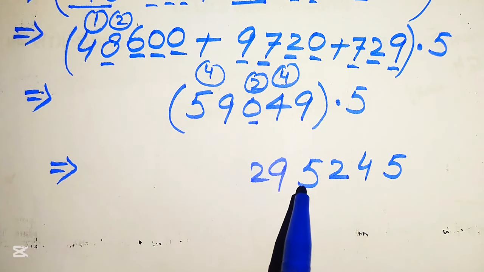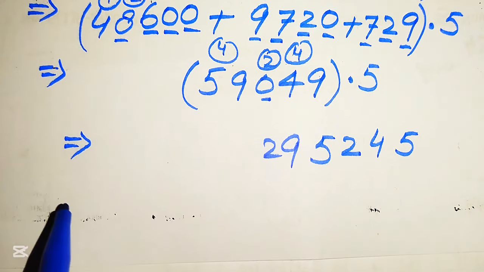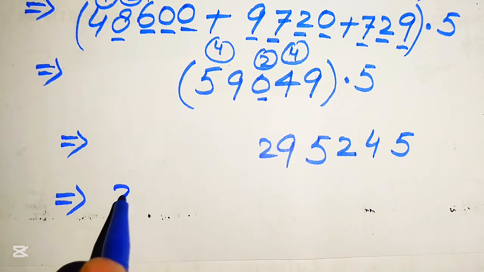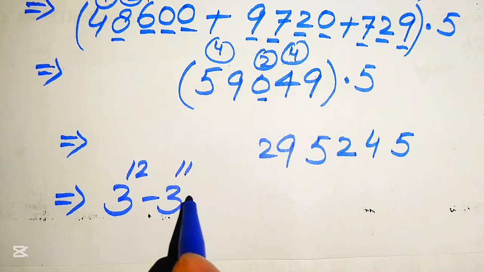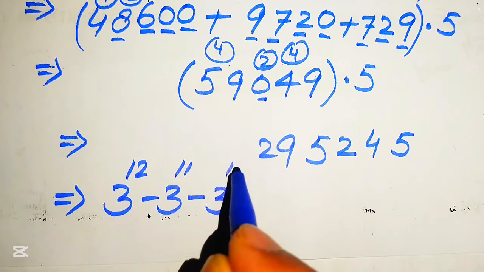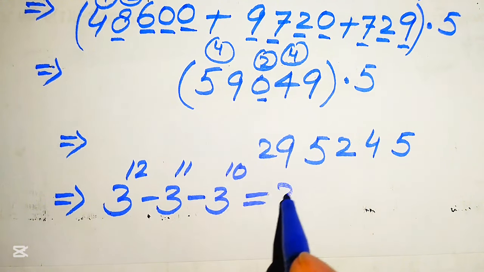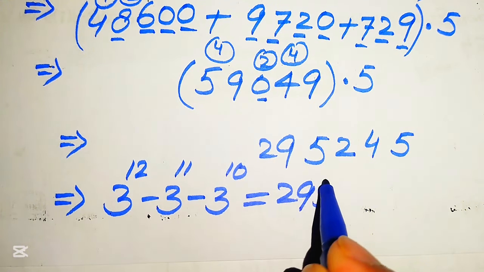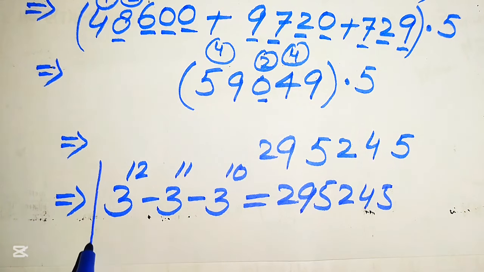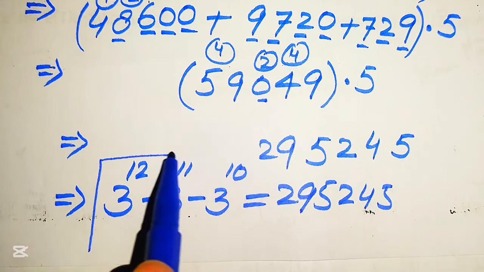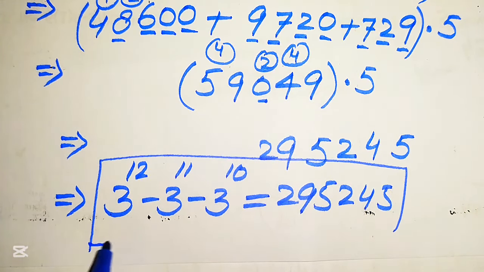So you get 295,245. Finally, the simplified form of 3 to the power of 12 minus 3 to the power of 11 minus 3 to the power of 10 equals 295,245. This is our final simplified form of the given question.